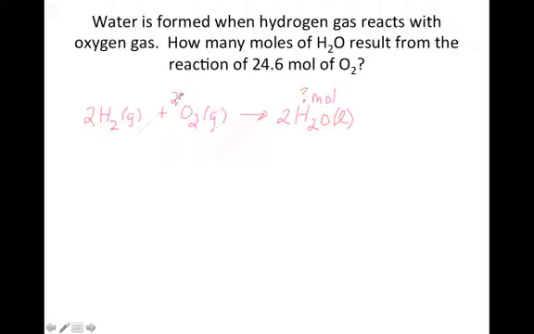So, 24.6 moles of O2. Well, we start with our given 24.6 moles of O2.